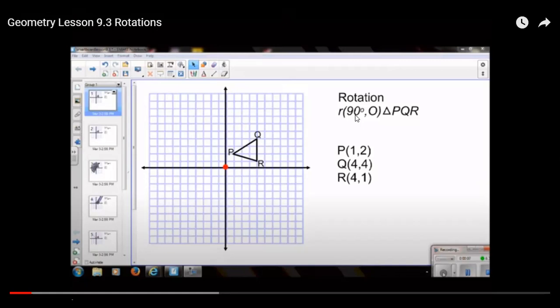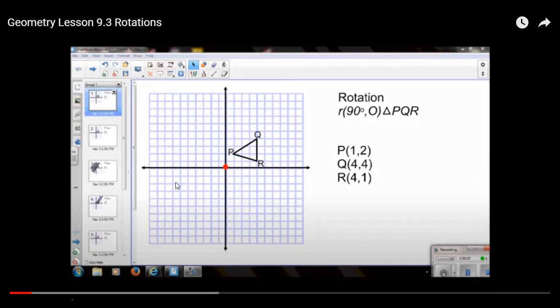Positive 90. Yes, positive 90. Since he didn't write the word counterclockwise or clockwise, and didn't put a negative sign, we are going to rotate the figure positive 90 degrees. And what's O? Origin point. Okay. Then let's watch together.